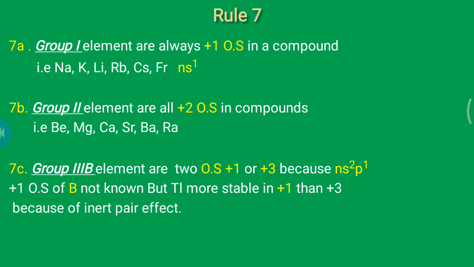Rule number 7 applies to all group elements in the periodic table.